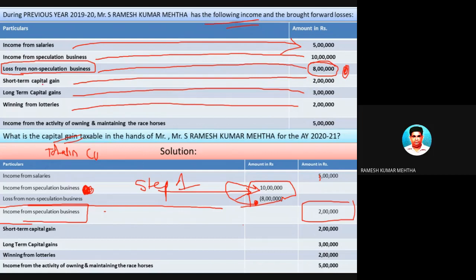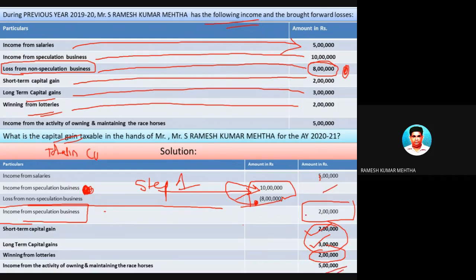Third one is short-term capital gain. Under capital gain, 2 lakh rupees. Long-term capital gain is 3 lakh rupees. Total capital gains is 5 lakh rupees. Winning from lotteries, which is income from other sources, is 2 lakh rupees. And income from the activity of owning and maintaining of horse races is 5 lakh rupees.